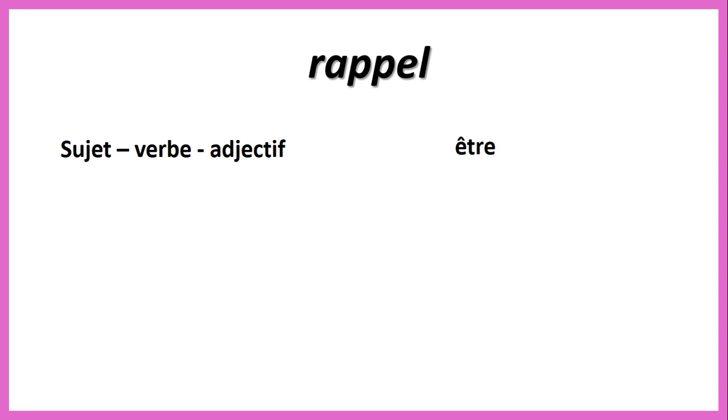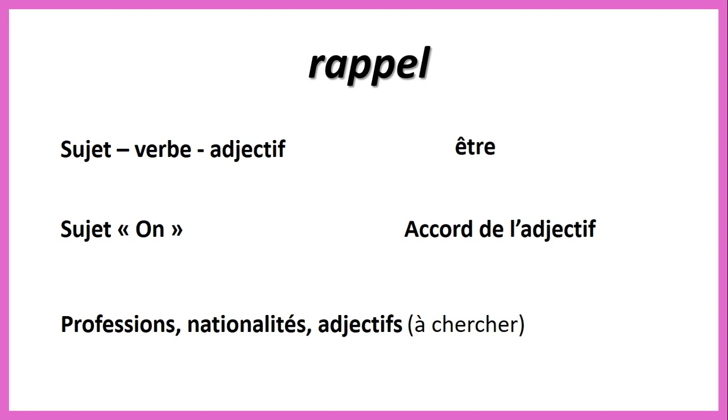We looked at the verb être. We also had a quick look at the subject on, which we're going to discuss more today. We did have a quick look at the agreement of the adjective, how it varies from a masculine subject to a feminine subject.